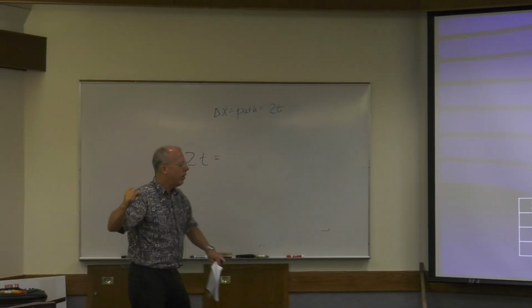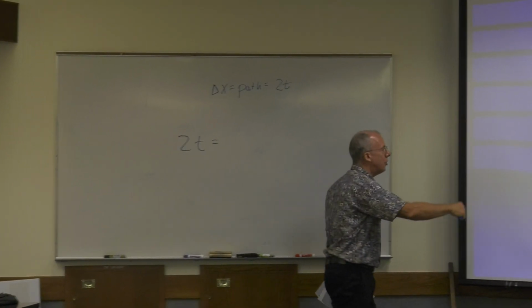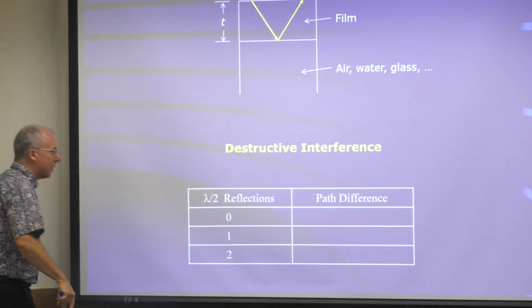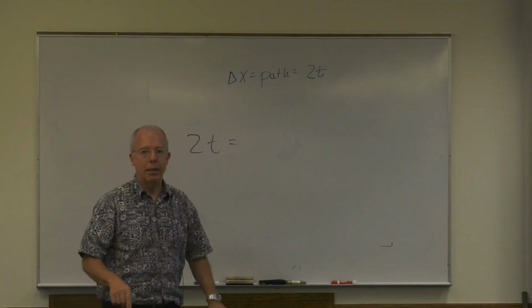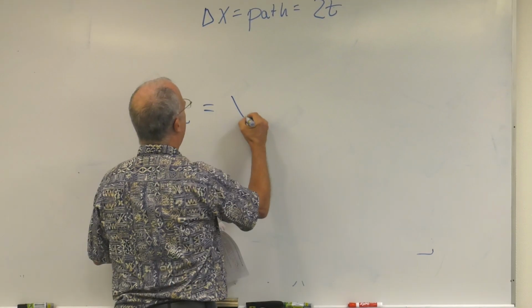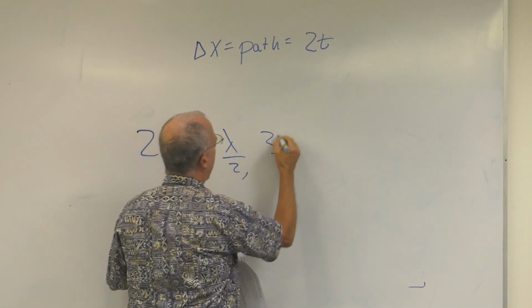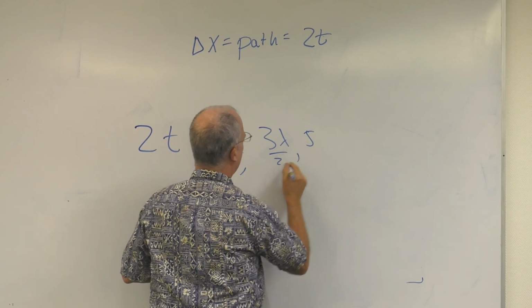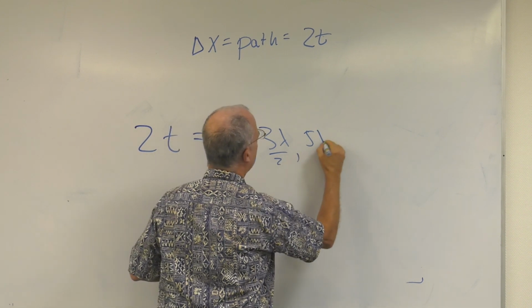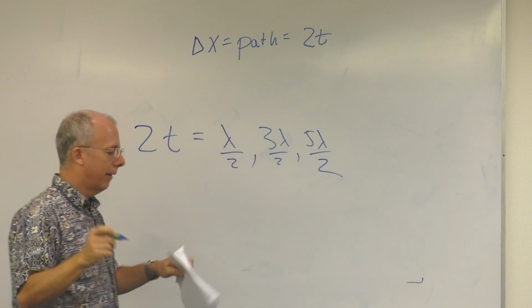So, we have a path difference, 2t. Now, we want destructive interference. So, what do we want that path difference to be? Well, half a wavelength, 3 halves, 5 halves, etc. Right? That's it.